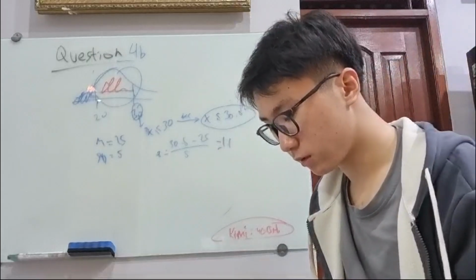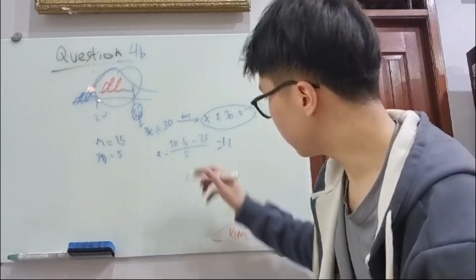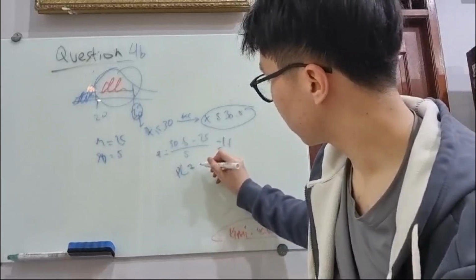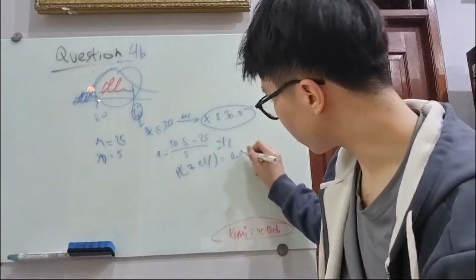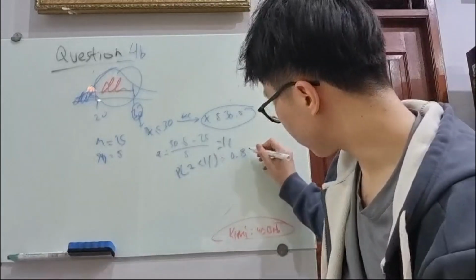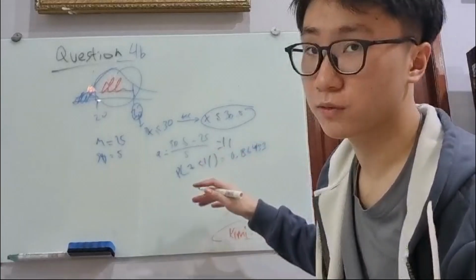And if we input it in our calculator, the probability of z less than 1.1 will give us 0.86433. Keep this first.